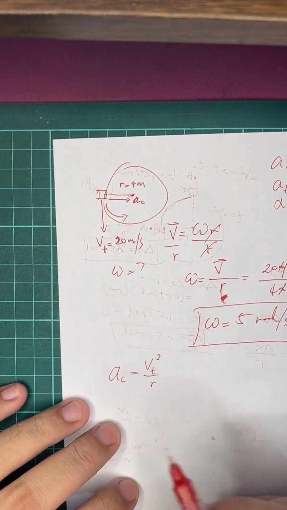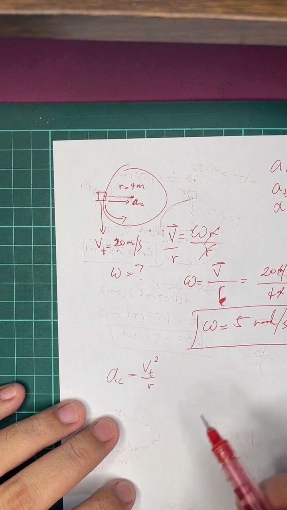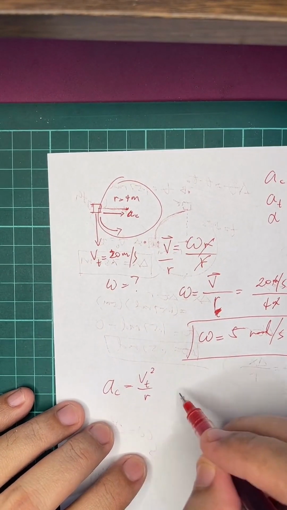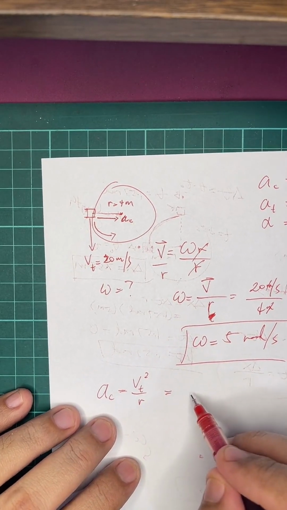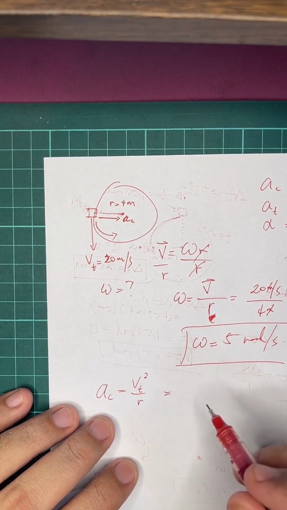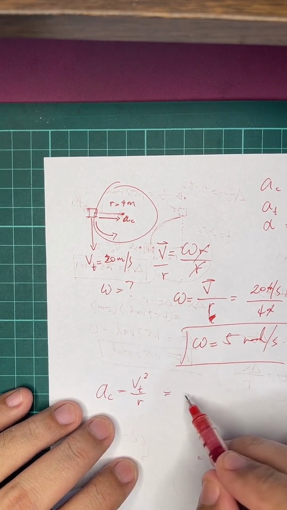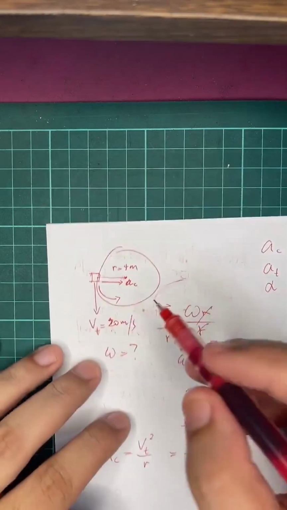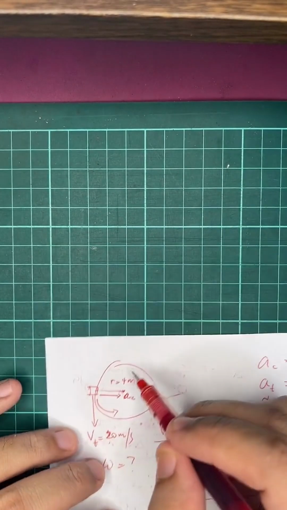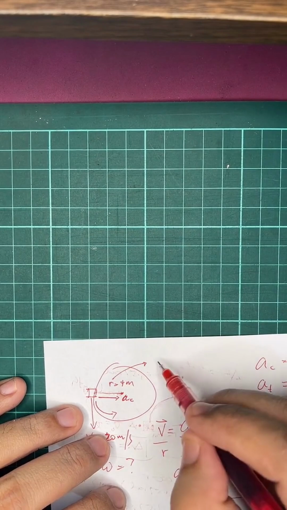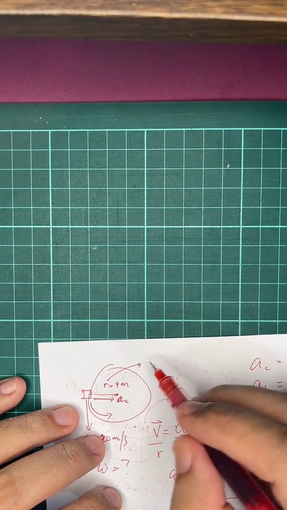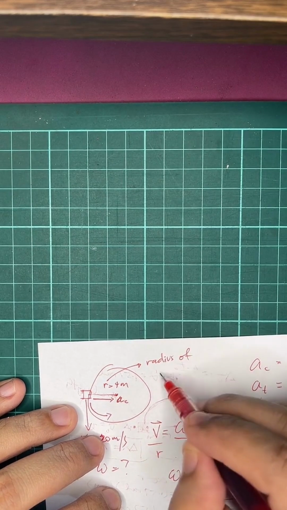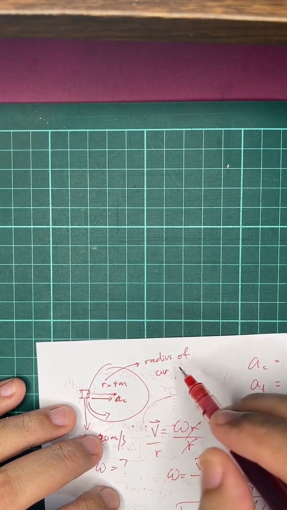To determine the centripetal acceleration of this object here, we simply square the tangential velocity divided by the radius of the path. By the way, r here, radius, is also called the radius of curvature. I forgot to mention this.